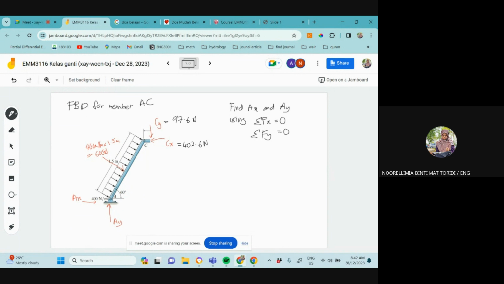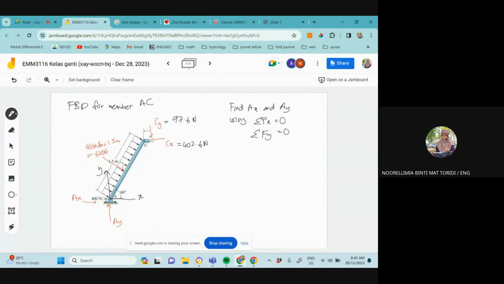Okay, kalau dekat sini, you have to define lah. For every FBD, kena define what is summation y and x. In this case, it can be either normal, like this, this is y, this is x.